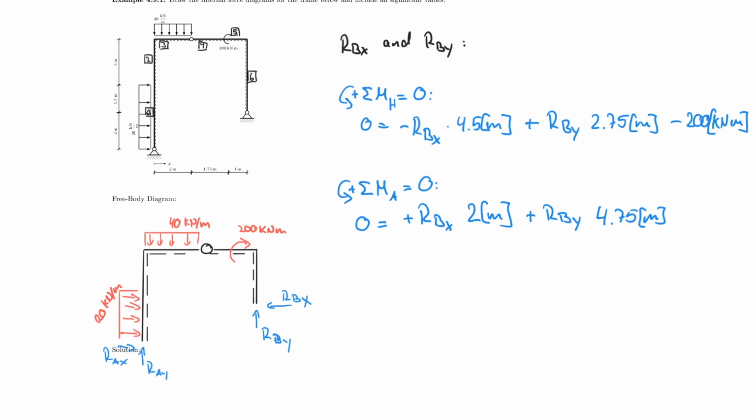All right, let's continue because I still have to include my distributed forces here and my concentrated moment. Let's start with the concentrated moment. That is still turning clockwise, therefore it's still negative 200 kilonewton meter. Now let's do the 40 on the top. So 40 kilonewton per meter, and that is acting over a distance of 2 meters, right?